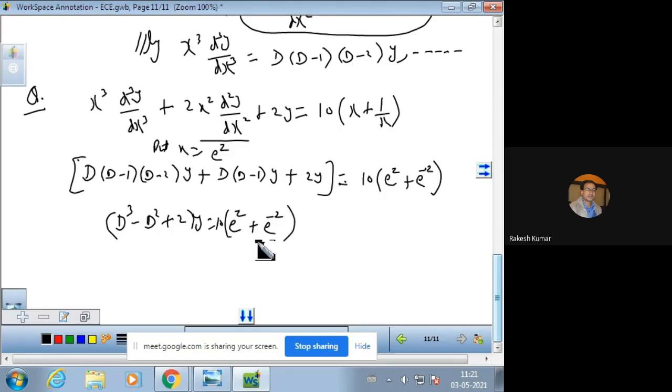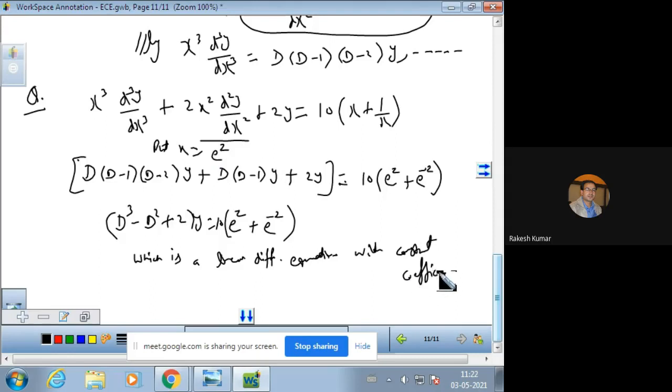Now you know that this is a linear differential equation with constant coefficients.